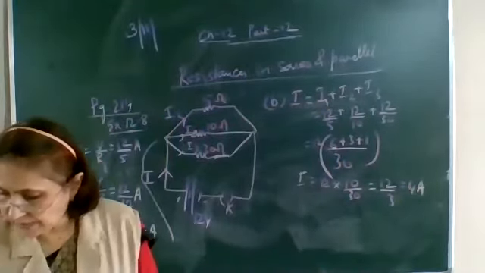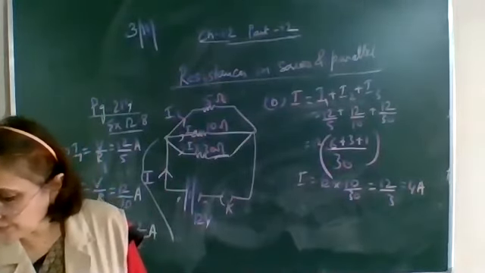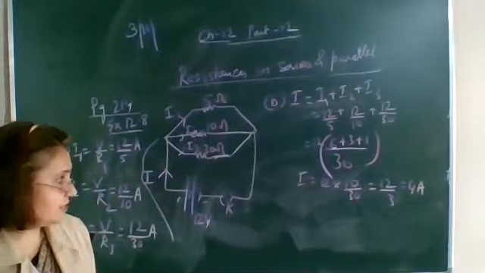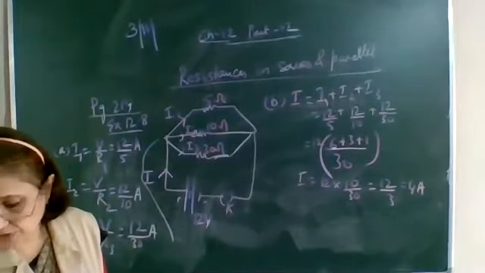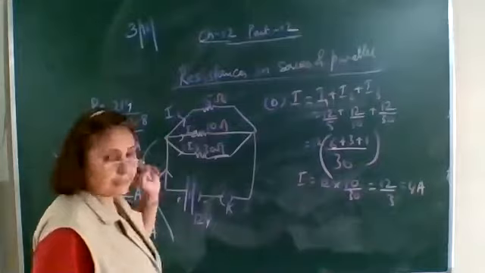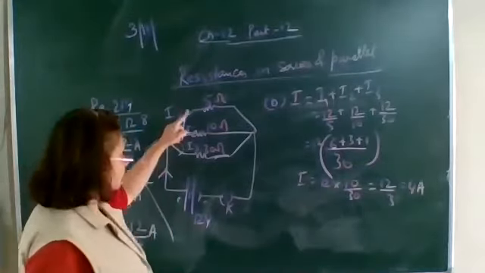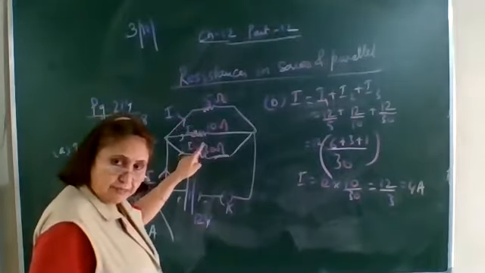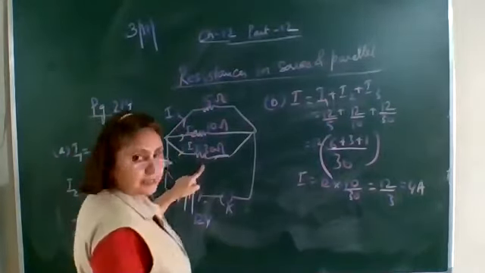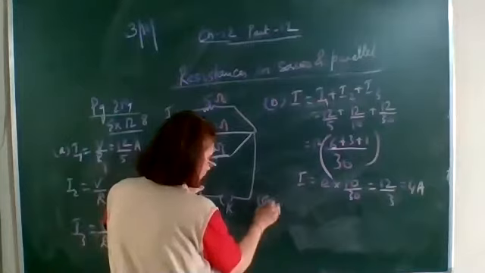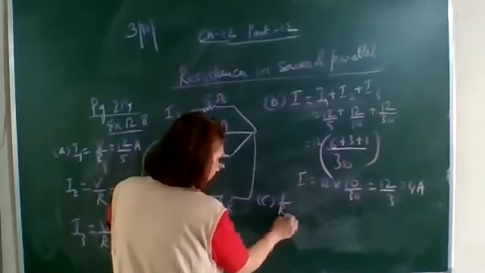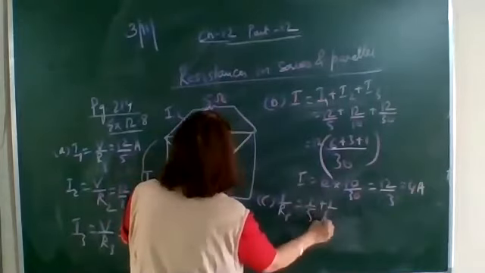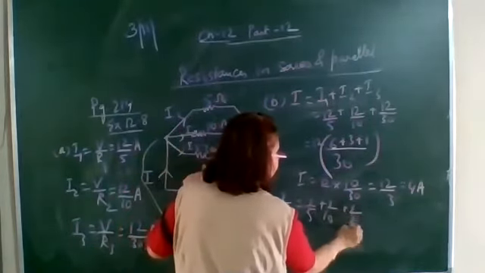Now the third part is, you have to find out the total resistance in the circuit. As they are connected in parallel, the total resistance will be given by the sum of the reciprocals of the individual resistances. 1 upon RP is equal to 1 upon 5 plus 1 upon 10 plus 1 upon 30.